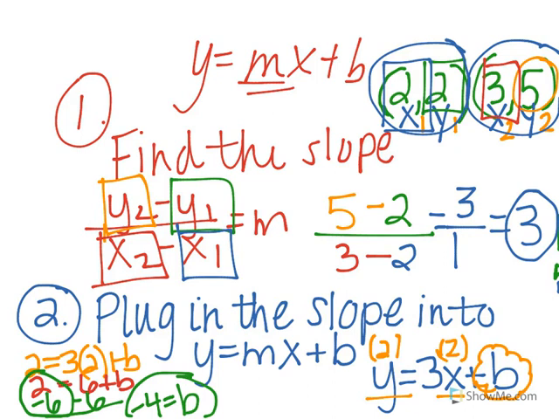If you're looking at number 2 and you wondered why I plugged in the 2 and the 2, it's because I picked one of the points up here and brought them down. These points are an x and a y value, and I needed an x and a y value to plug into the equation so I could solve for b. Anytime you're solving for a variable, you have to fill up each of those letters with a number in order to solve for the b.